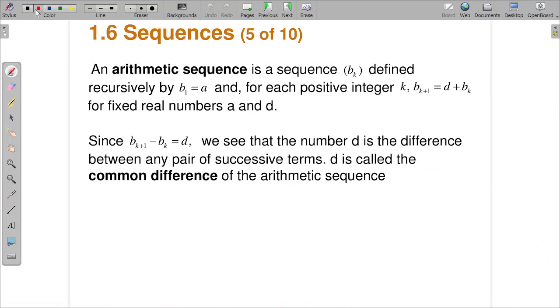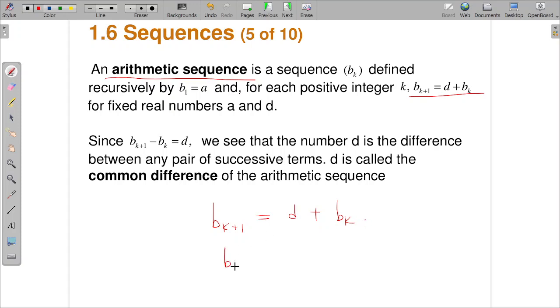Now we come to the arithmetic sequence. This arithmetic sequence is also recursively defined for each positive integer k. So we can have our arithmetic sequence as b of k plus 1 equals d plus b of k.